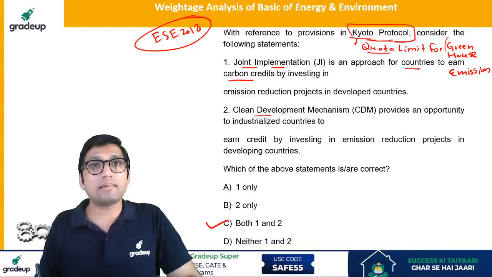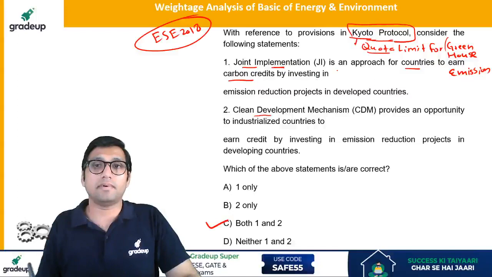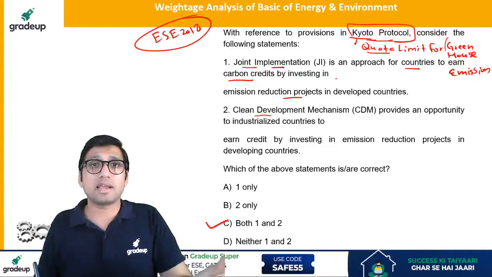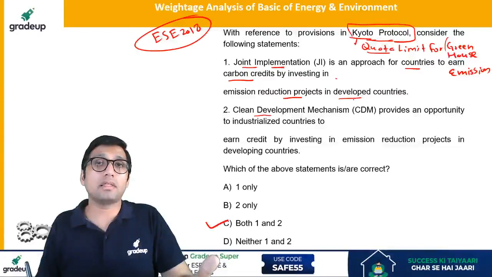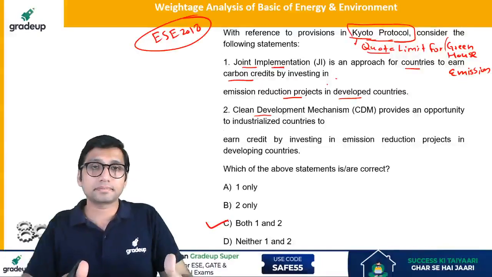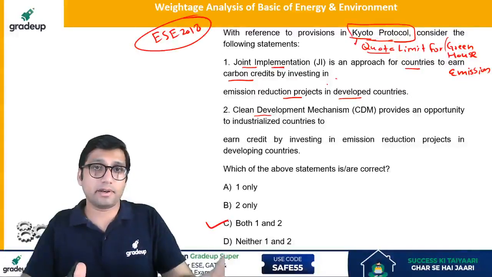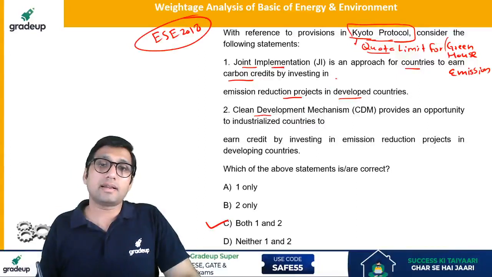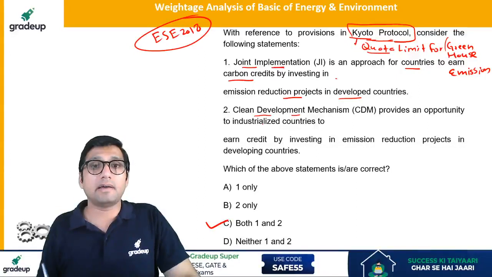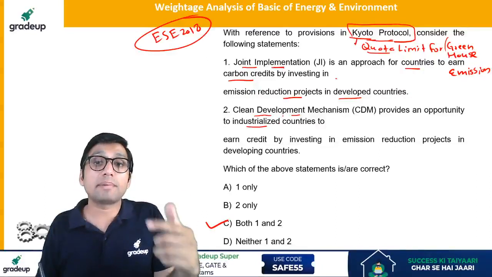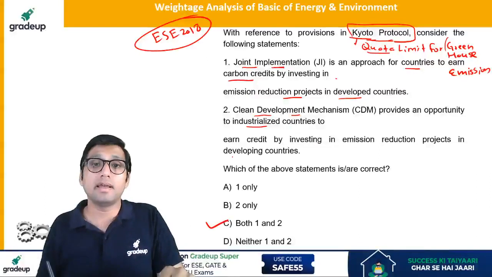So in joint implementation, developed countries can start some development project in other developed countries, and based on that they can earn carbon credits. In clean development mechanism, on the other hand, the developed or industrialized countries can start a development project not in a developed country but in developing countries like India and other developing countries.